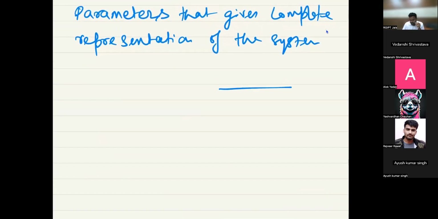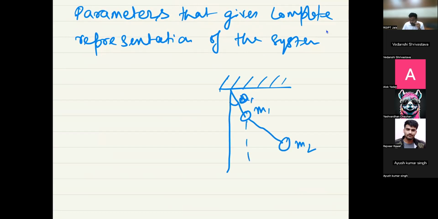If we take another example, let's say one mass is hanging from here, and then you have another mass, with m1 and m2 hanging. This angle is θ1, and this angle is θ2. In this case, we have degrees of freedom equal to 2. And what are the generalized coordinates here? The generalized coordinates are θ1 and θ2.